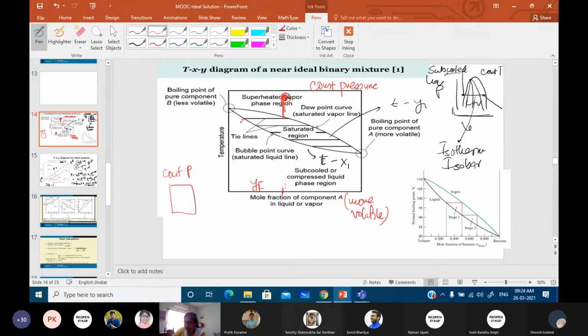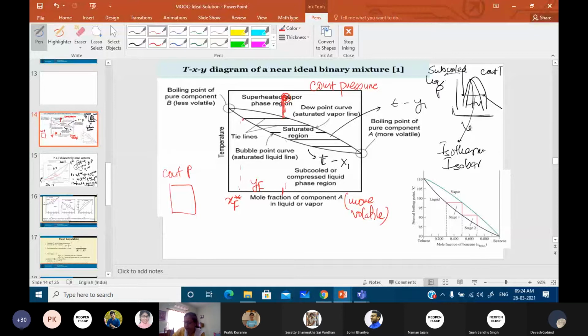So these two compositions naturally are equilibrium compositions. So this gives you the composition of the first drop of liquid which is in equilibrium with this particular vapor. So we can just denote it as XF star.